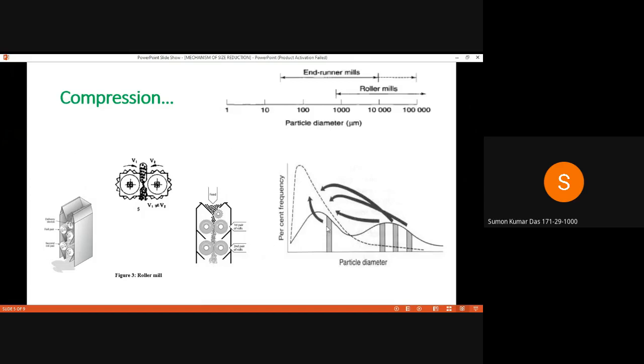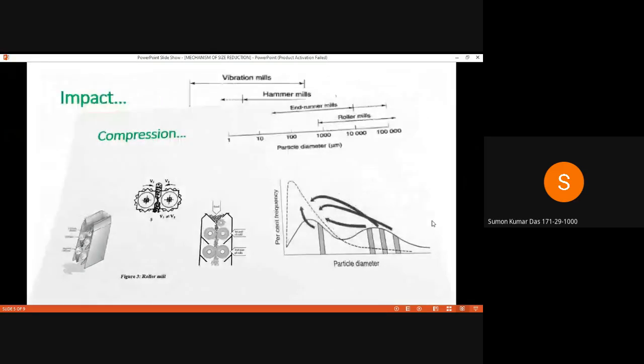The graphical presentation also tells us about this. At the final stage we get a small particle, but at the initial stage the particle size is very high and the frequency is also high. When they pass the second pair of rolls, their size generally reduces.